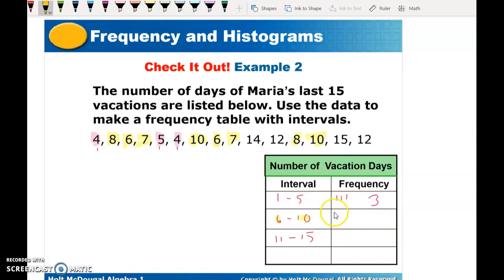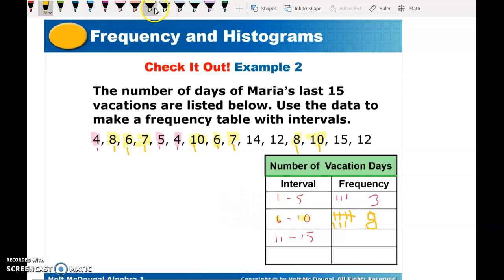So we have the number 8 right there, and then the 6, 7, 10, 6, 7 again, 8, and 10. So there should be 8 of them, right? 1, 2, 3, 4, 5, 6, 7, and 8. So we have 8 in that interval.